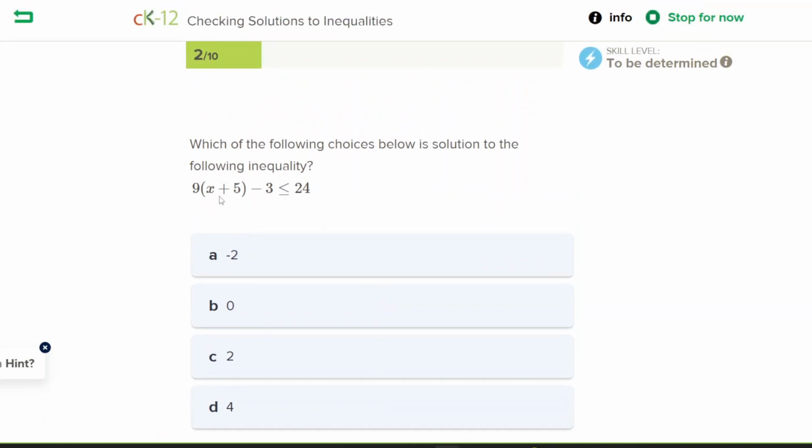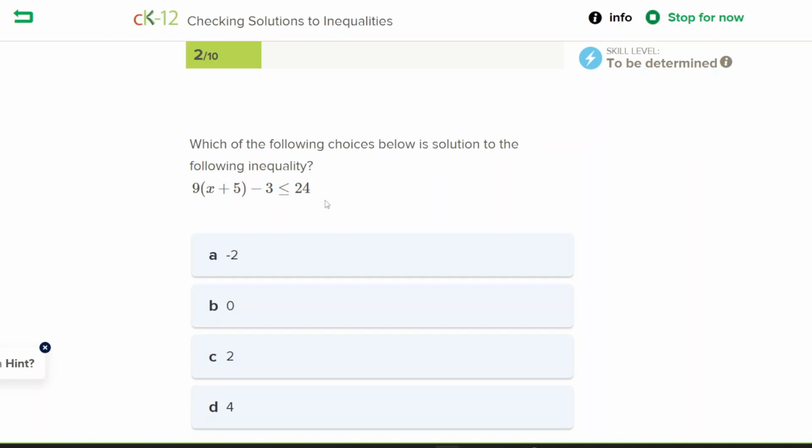All right, so this one is a little more complicated. But as I said at the beginning, in the first example, these are linear inequalities. You see x to the first power here, and there are no higher powers of the variable.